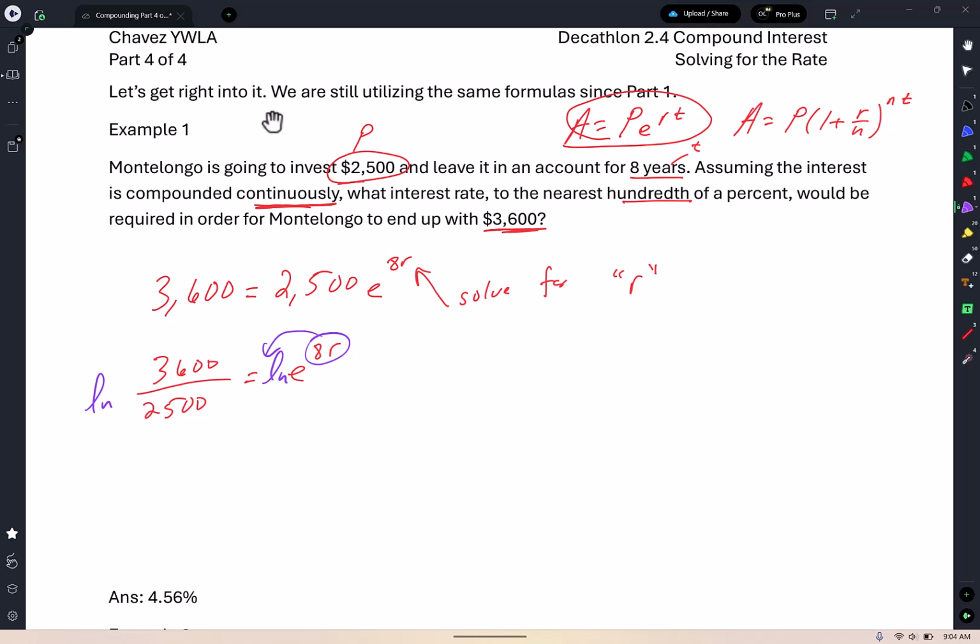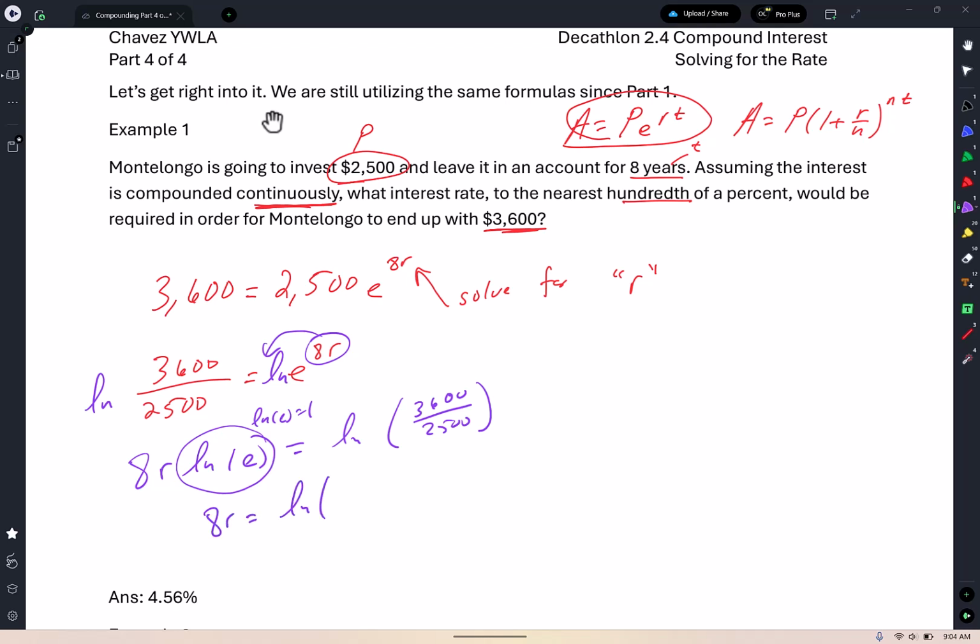I'm going to write 8r ln of e equals ln of 3,600 divided by 2,500, because I like to have what I'm solving for on the left-hand side. Hopefully that didn't confuse anyone. Remember that ln of e is just 1. So now we have 8r equals ln of 3,600 divided by 2,500. Just divide by 8, and that's what my r is.